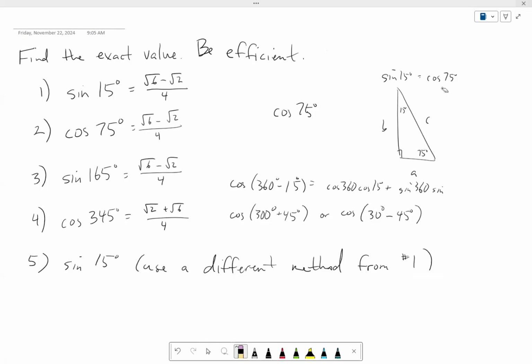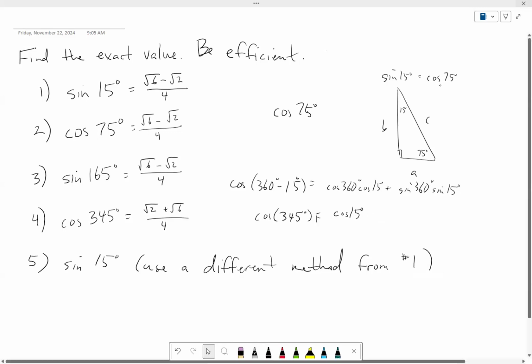Oh, this is interesting. And then I did the cosine of 360 is 1. Cosine of 360. Okay. Do you agree with that? This is 1. So this is just cosine of 15. And then sine of 360 is 0. So we get that cosine of 345 degrees is equal to cosine of 15.